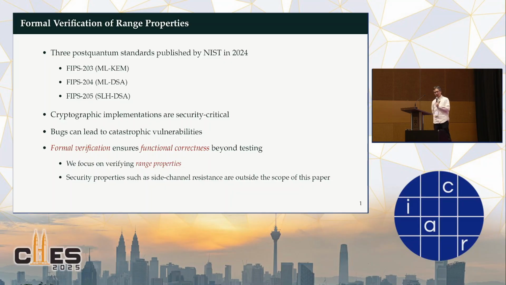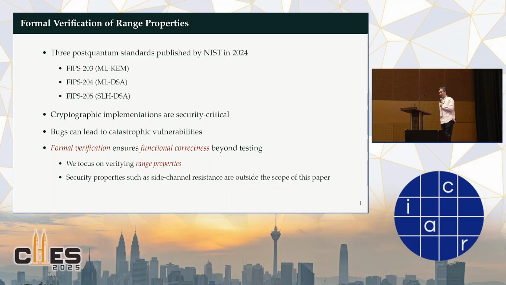Since bugs in software implementations can lead to catastrophic vulnerabilities, it's important to verify whether the implementation is correct or not. And in this paper, we focus on using formal verification techniques to verify the functional correctness of implementations.